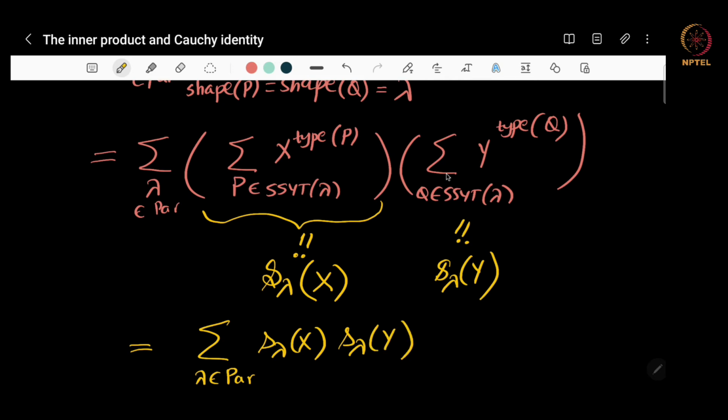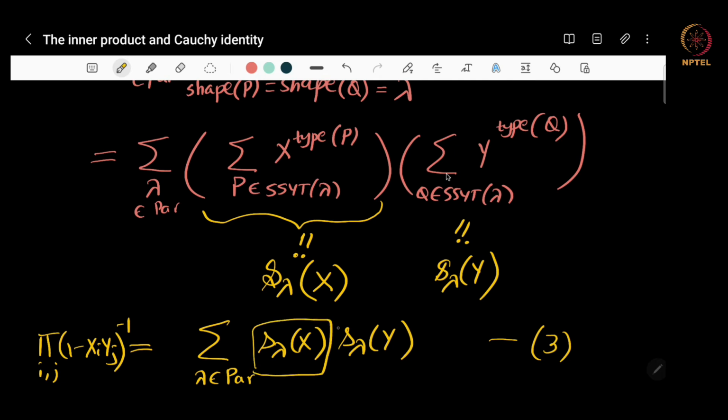Okay, so what we have are in some sense three different, so this we'll call formula 3. This is the third formula for the Cauchy product, 1 minus xi yj inverse. Okay, so I have three different formulas, and these three formulas are all of the same type in some sense.